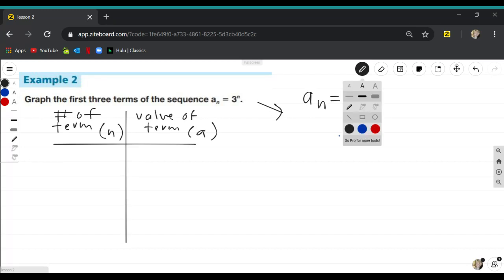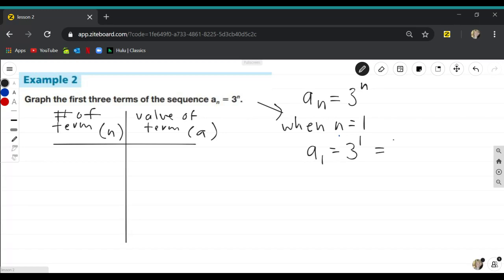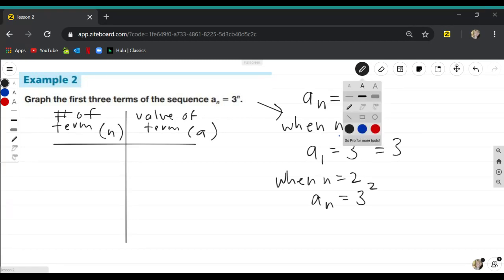Then what this means, a_n equals 3^n. When n equals 1, a_1 equals 3^1, so this is 3. When n is equal to 2, a_n is equal to 3^2. I'm just plugging in the number, you see?